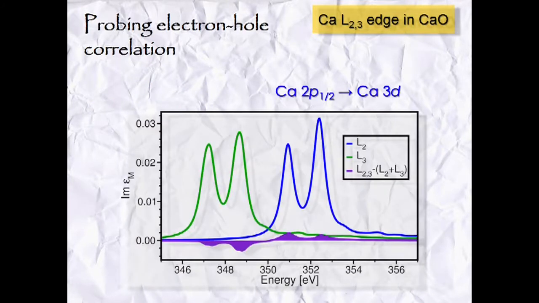So the green and the blue curves are from the L2 and the L3 edge. The distance between these two is the spin-orbit splitting. There you can see, if you perform the calculation for the full system and then separately for L2 and L3 and take the difference, then you see what the mixing between these two states is.